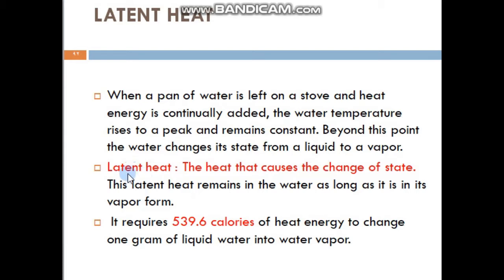So again, the meaning of latent heat is the heat that causes the change of state. The state means gas to liquid or liquid to gas, solid to liquid or solid to gas. This latent heat remains in the water as long as it is in its vapor form.